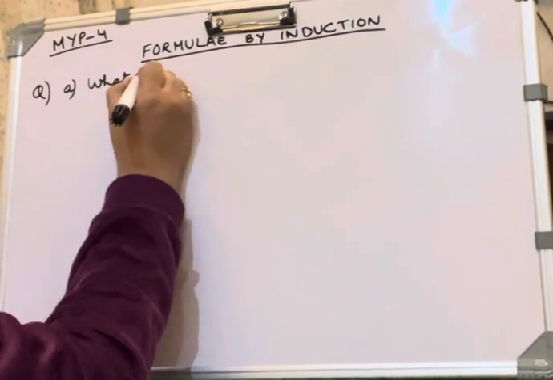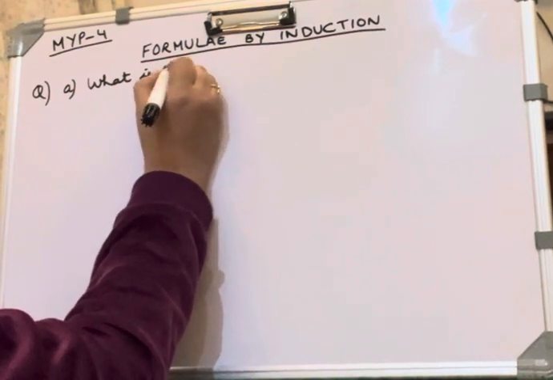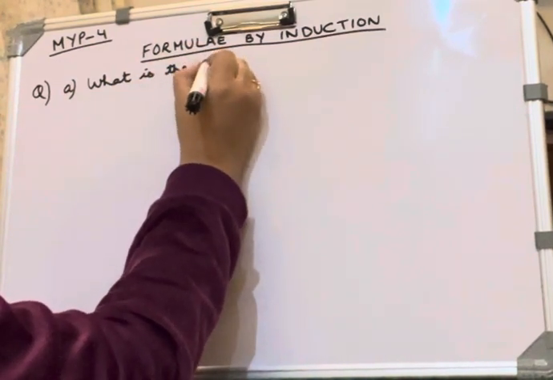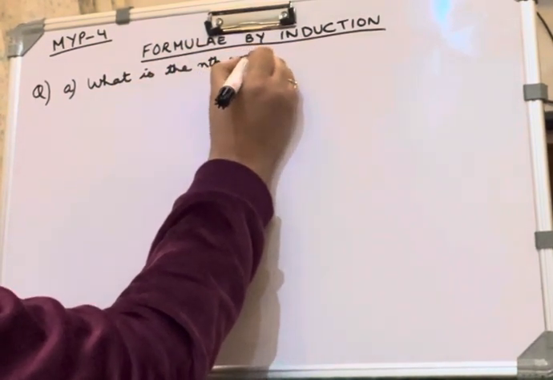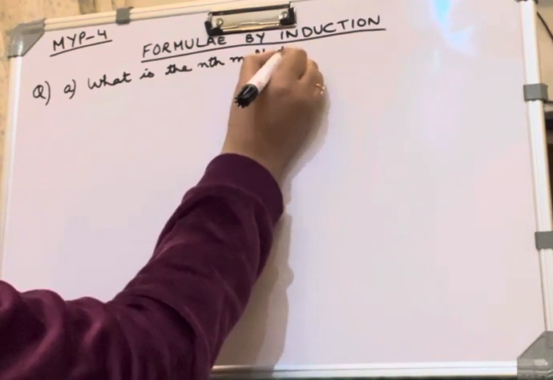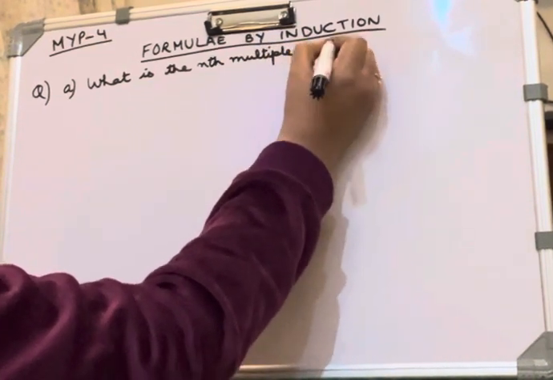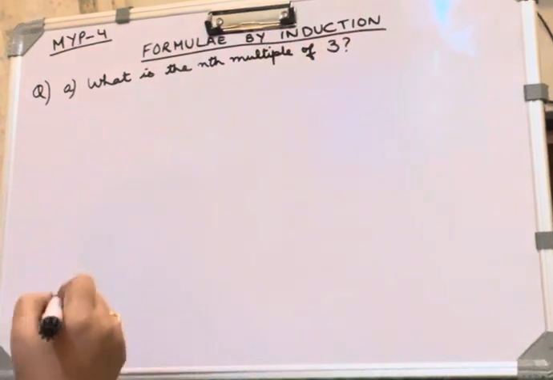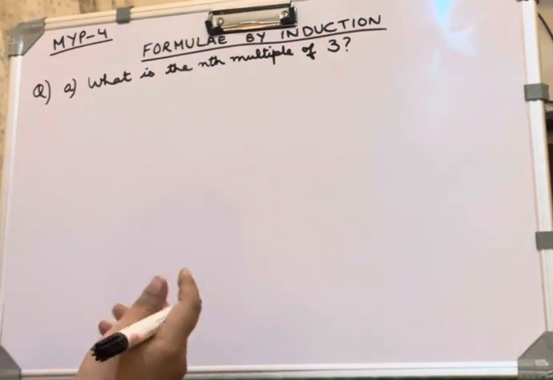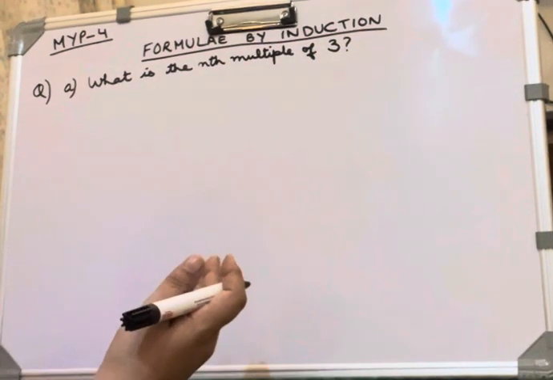What is the nth multiple of number 3? So we know the answer is, what does multiple of 3 mean?